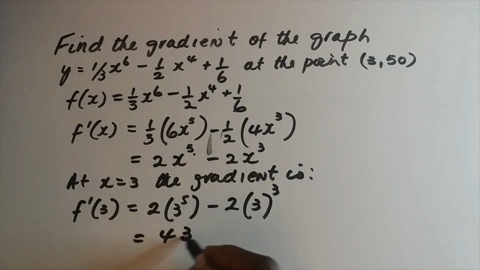Which is 432. And that's it. Just another way of asking for you to find a gradient of a graph or a function at a value x equal to 3.